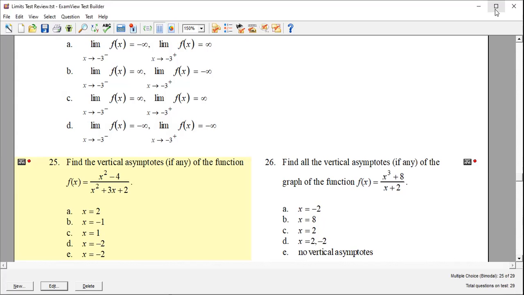We will come back to it, there was 26, so no vertical asymptotes. Please make sure you factor if at all possible.